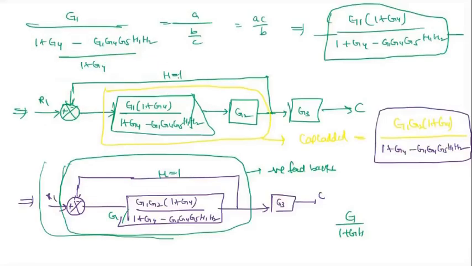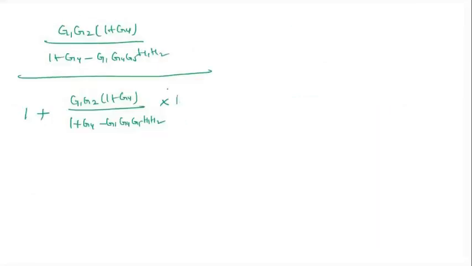So what is the H here? 1 only, because in unity feedback it's a 1. Now you can take the LCM. If you take the LCM, G1, G2, 1 plus G4, the numerator is as it is. We cannot change anything in the numerator.